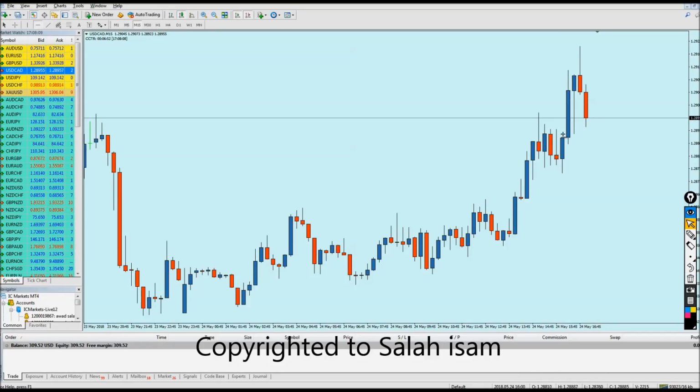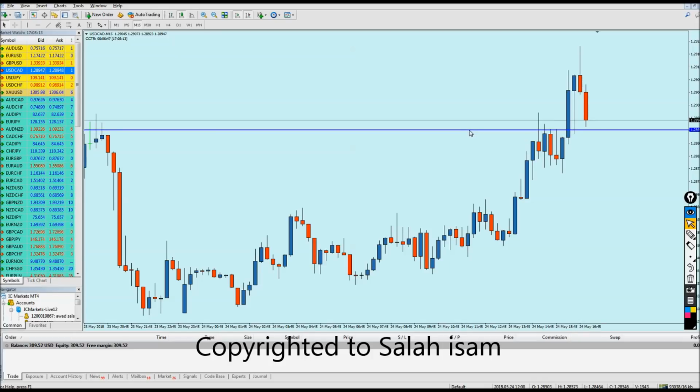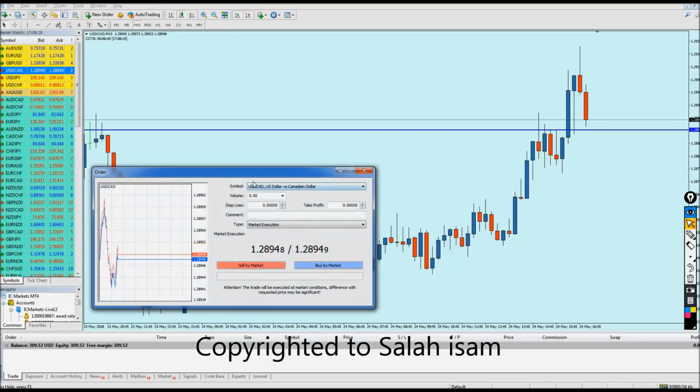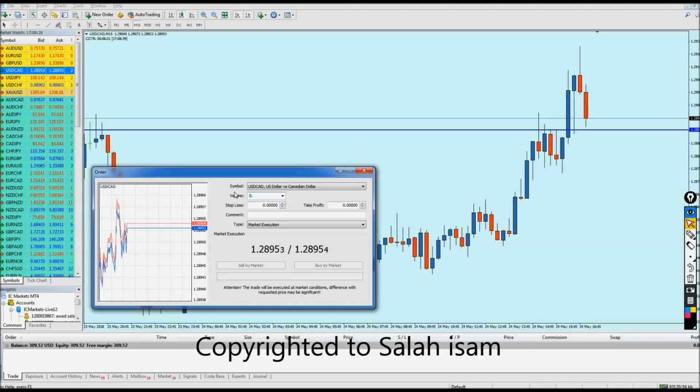Let me tell you guys again one thing. You cannot apply these strategies or these methods without using a true ECN account such as IC Markets. We need to skip the spread in order to have successful scalping trading. If you are using a standard account in another broker, it might not work for you. And again, I'm not saying this just to promote IC Markets.